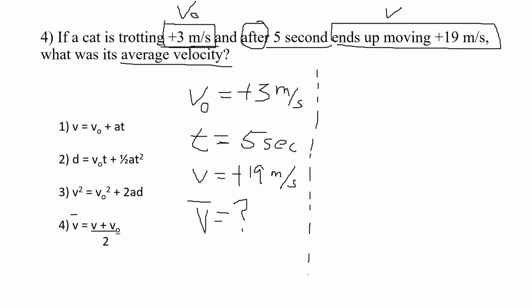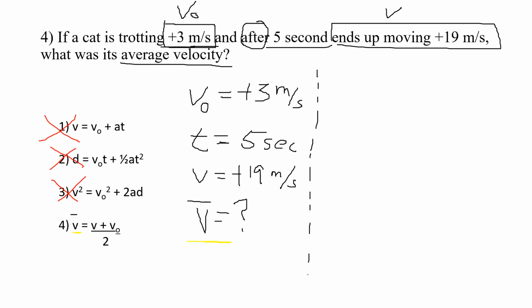I hope that we are comfortable with the fact that because we have a V bar and there's only one equation that's V bar, I hope we know that it's not going to be any of these. If ever there's average velocity, there's only one option of what to do.